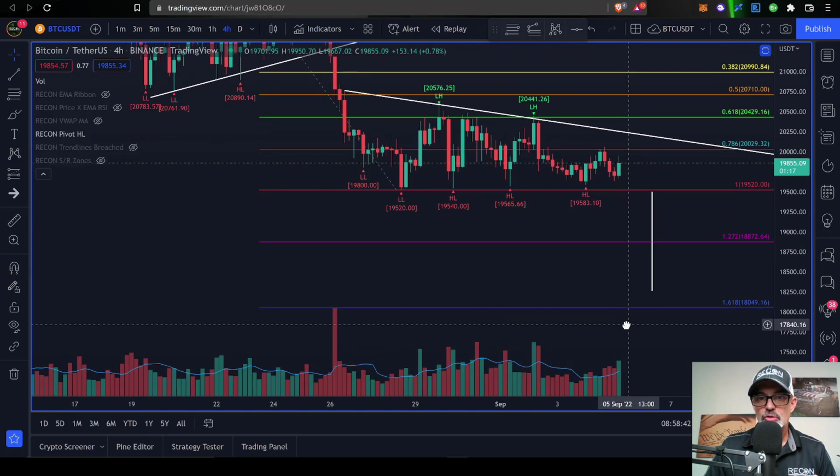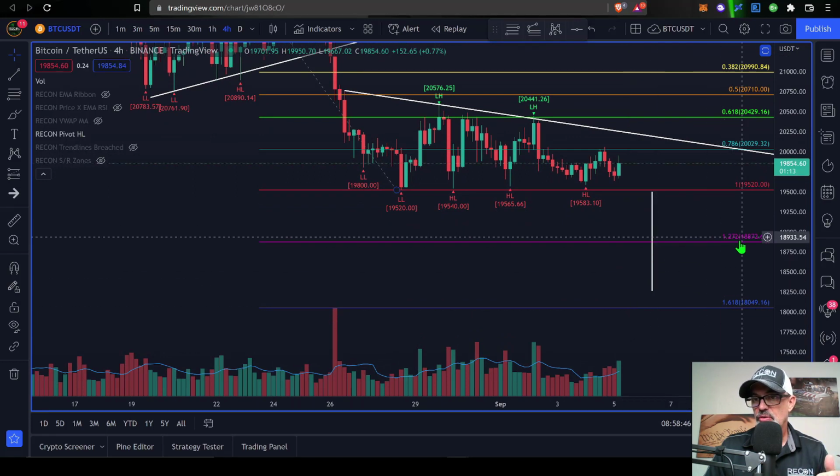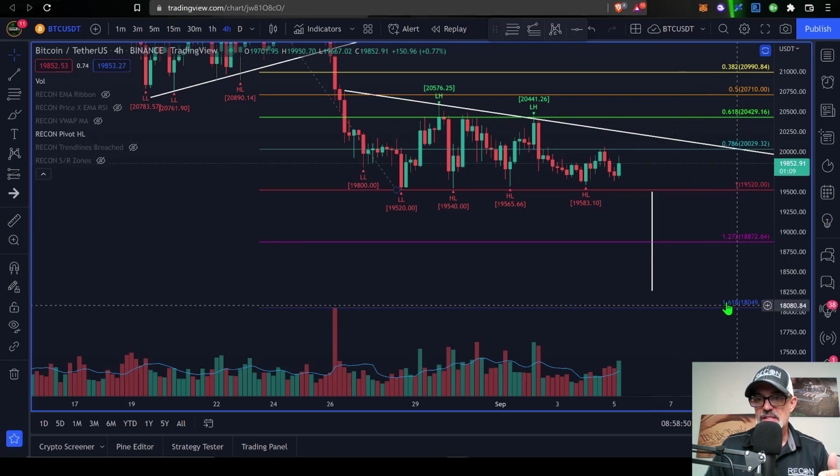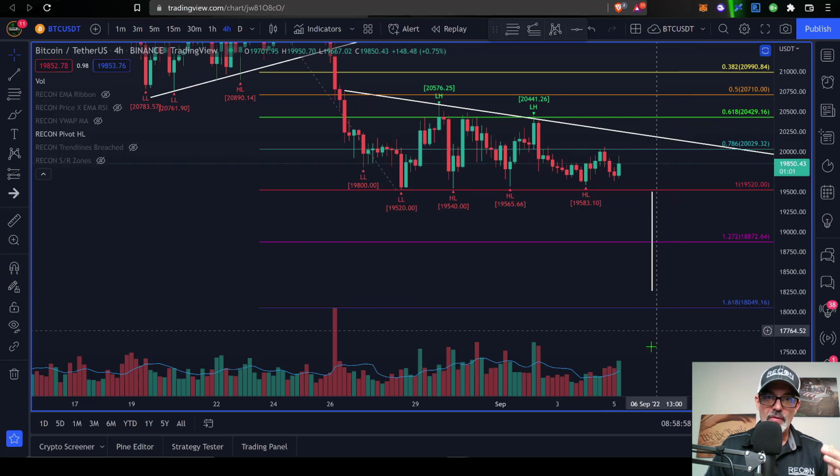The main levels we should be looking at right now, more than likely, is the 1.272 level, and that's going to be around 18,900, and then after that, the 1.618 level, right around 18,000. I do also want to note that around 17.6 would be a level I expect to be support as well, because that is where the current bear market sold off to its lowest point so far.